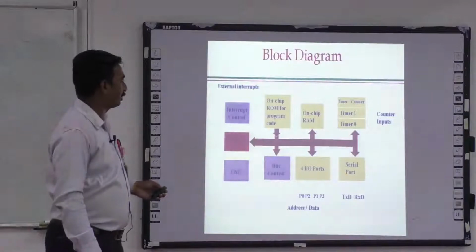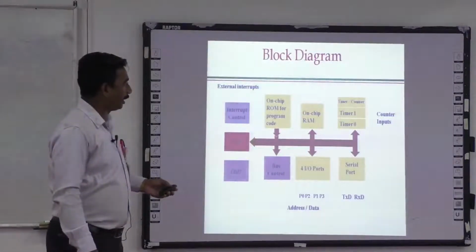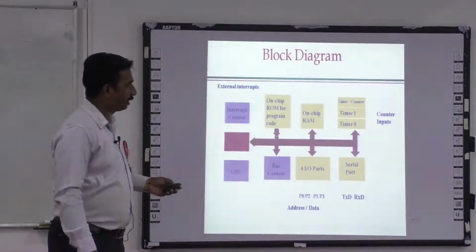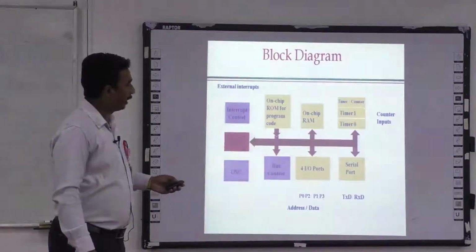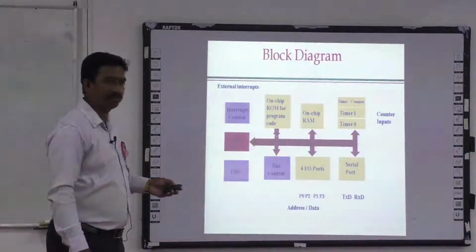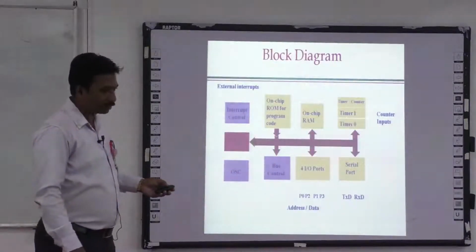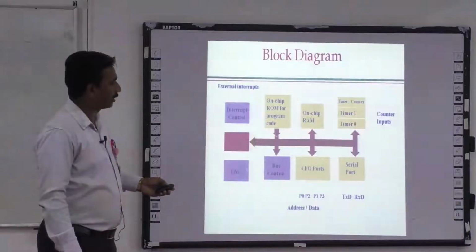So here we have the very important on-chip memory, ROM and RAM, where we can store the data, and timer 1 and timer 0 are given, and these can also be used as counters by choosing a simple option. So we can use the same option for timer and counter.